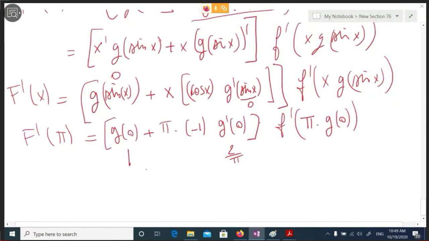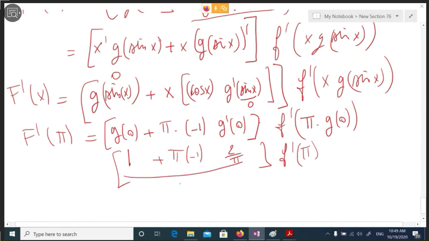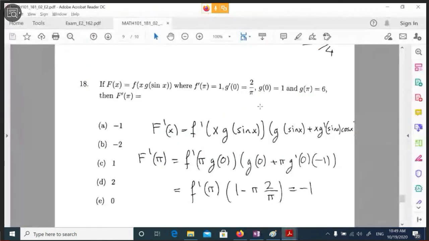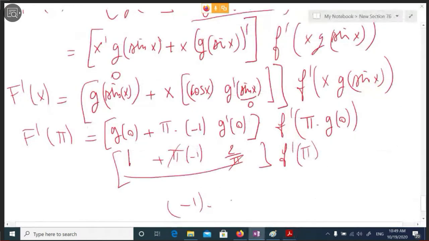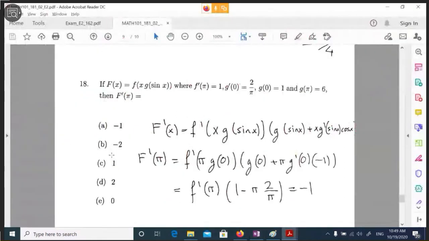Here we have 1 plus pi times minus 1 times 2 over pi, all multiplied by f prime of g of 0, and g of 0 is 1. So f prime of pi, this number here, what is it? It is minus 1, because you cancel pi, minus 2 plus 1 is minus 1. And f prime of pi is 1. So the answer is minus 1, okay?